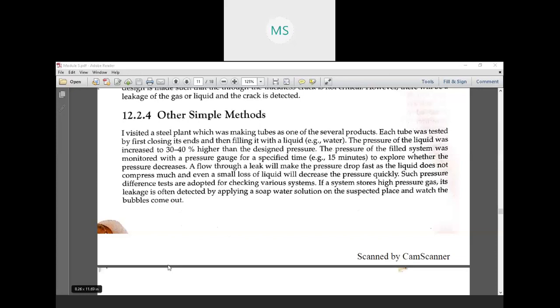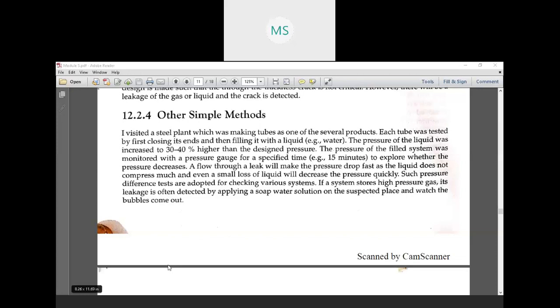Okay, so what do you understand by this example? This is also one of the ways of detecting leakage in a high pressure tube. Normally, whatever pressure that tube can bear, they will fill it with 30 to 40% more, and it will be held for, suppose, 15 minutes.